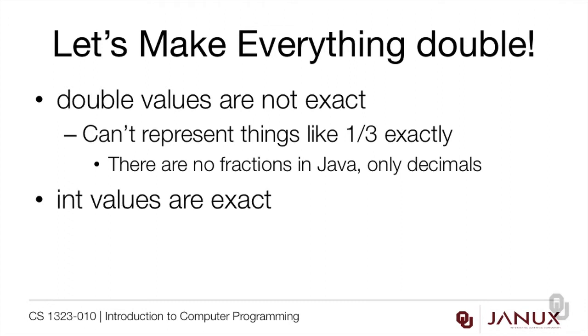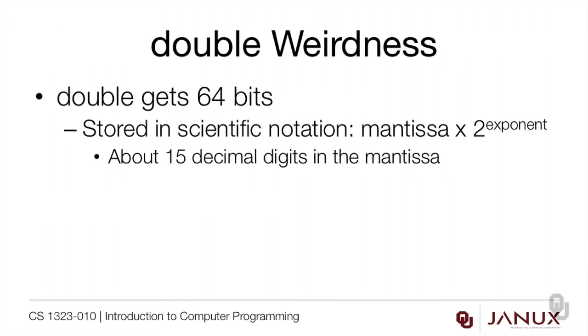Now, int values, on the other hand, are exact. There's no 1.5 or 2.5 in ints. You have 1, you have 2. So this produces some weirdness in the part of doubles too. The doubles get 64 bits, and they're stored in scientific notation. Now, the exact details of how doubles are stored are extremely complicated.